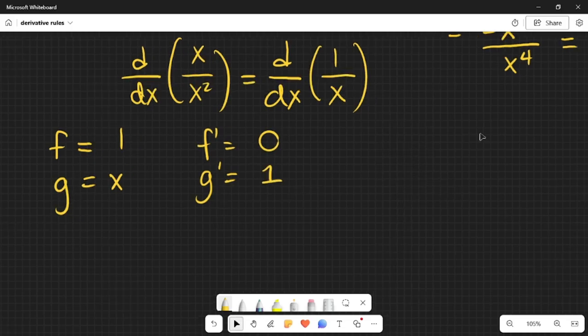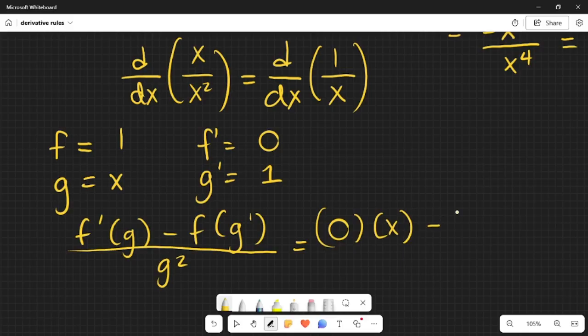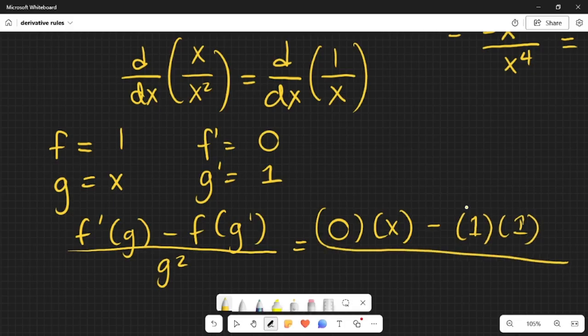And putting it in the formula, the derivative of f multiplied by g minus f multiplied by the derivative of g over g squared, it would be 0 multiplied by x minus 1 multiplied by 1 over g squared, which is x squared.